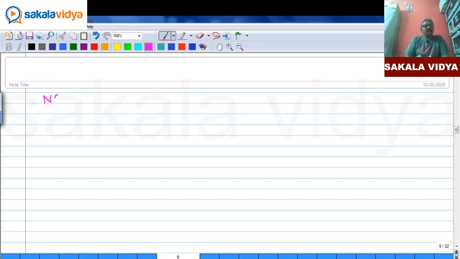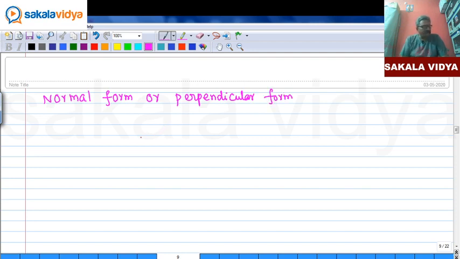normal form, or perpendicular form. Right.